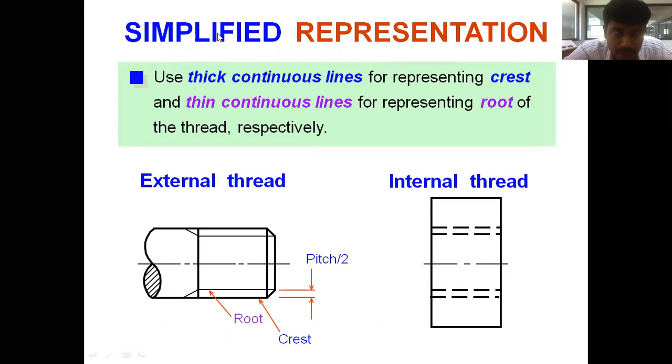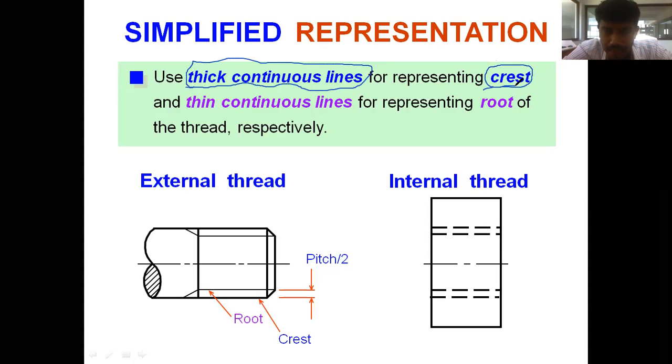Simplified use of thick and thin lines, thick continuous lines for representing the crest. Don't get confused, this is the simplified representation.